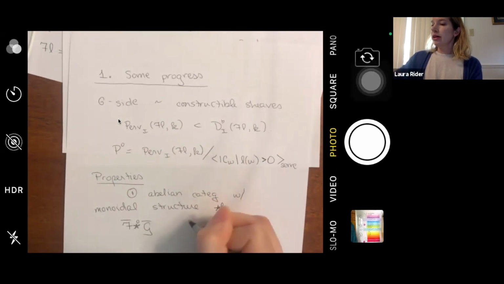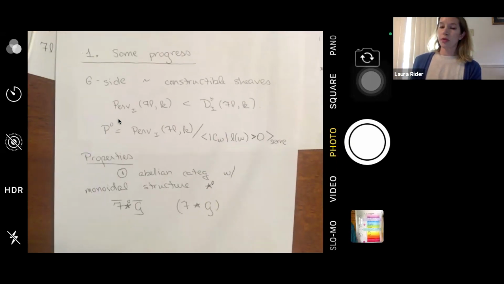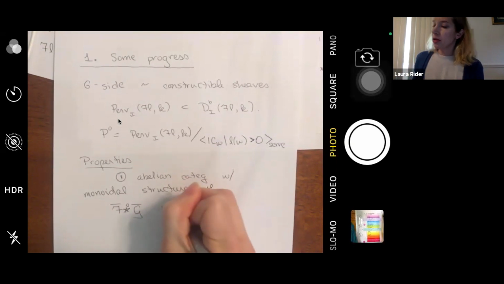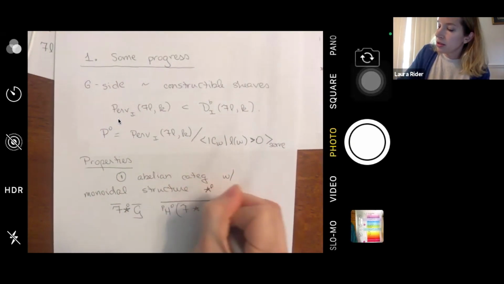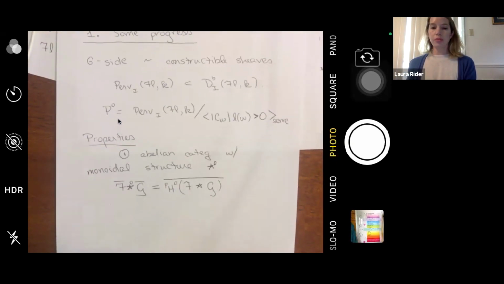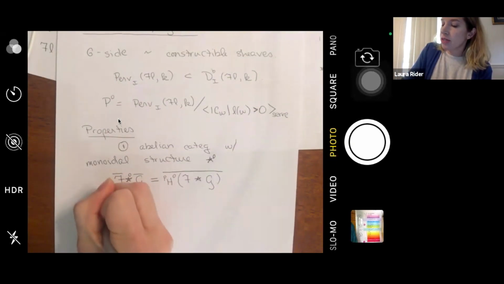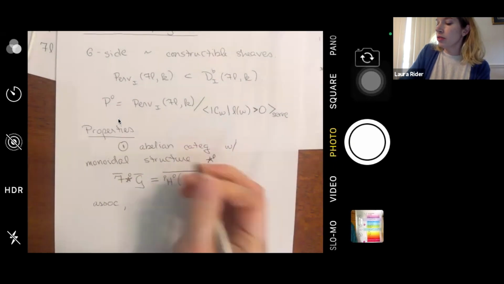Now the convolution on the affine flag variety does not preserve the perverse sheaves, so I have to take the perverse homology of this and then I quotient. This is my definition of the monoidal structure. It inherits associativity, but it also is commutative.